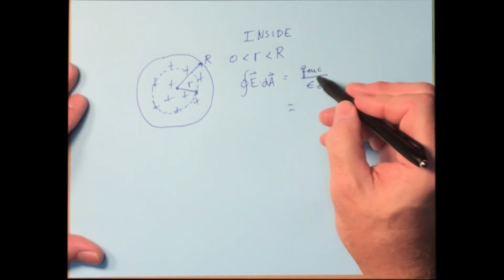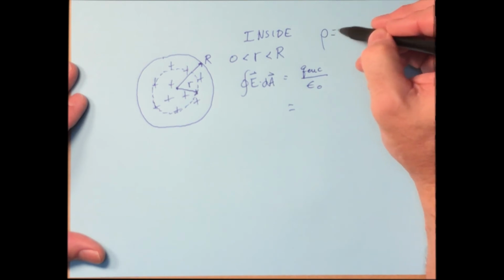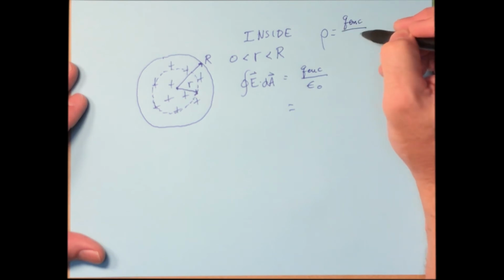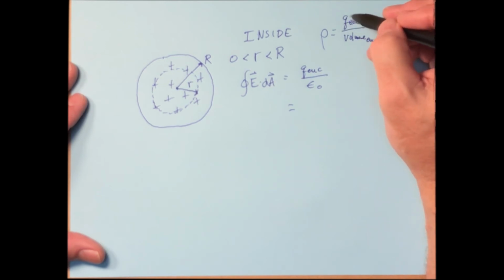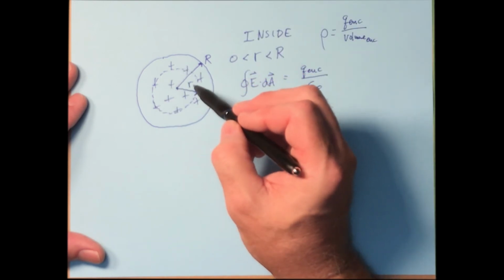Let's work the right-hand portion first here. How much charge is enclosed? You might recall that rho is a constant value. So rho is going to be the amount of charge that is enclosed divided by the volume that is enclosed. Well, this volume that's enclosing the charge is actually the volume of our Gaussian surface here.